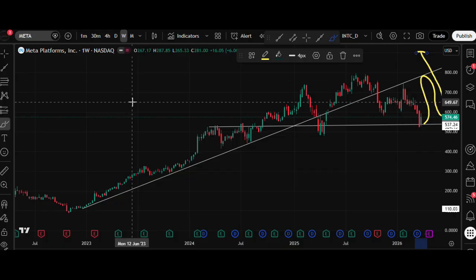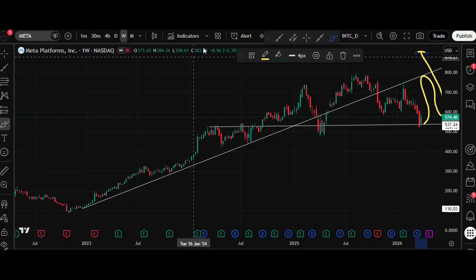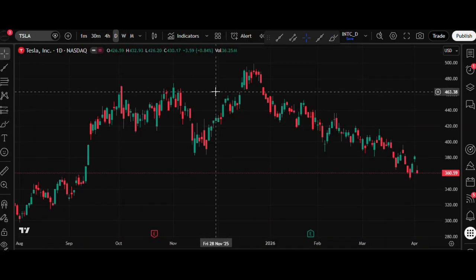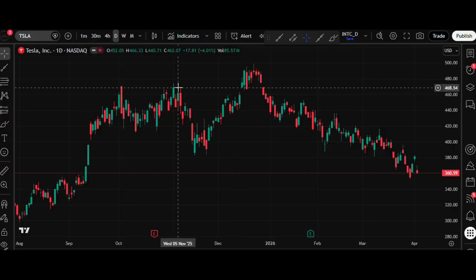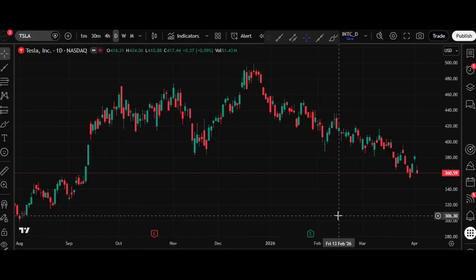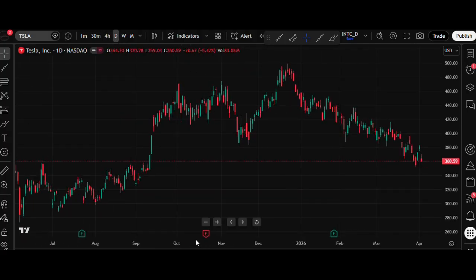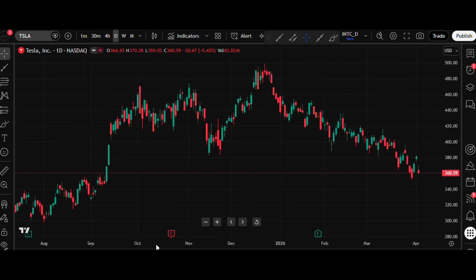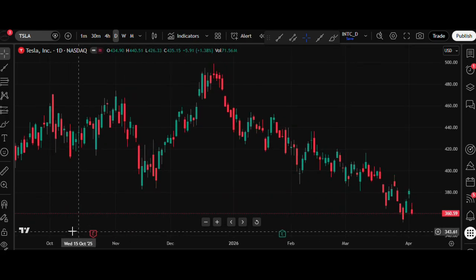Now let us look at a downtrend pattern. Here is an example of Tesla, and this is your daily chart. Since we spoke about downtrend, the thing to remember is the downtrend is going to be the resistance for the stock. It will not move higher.